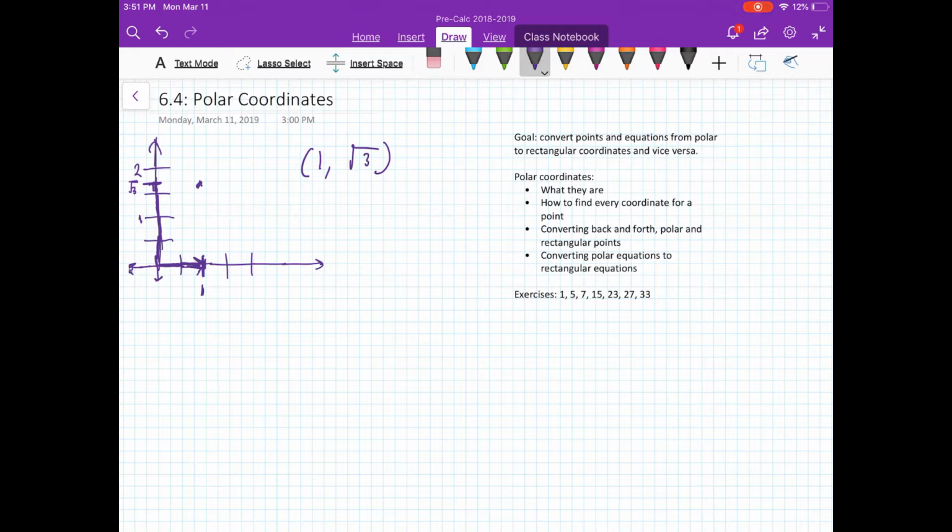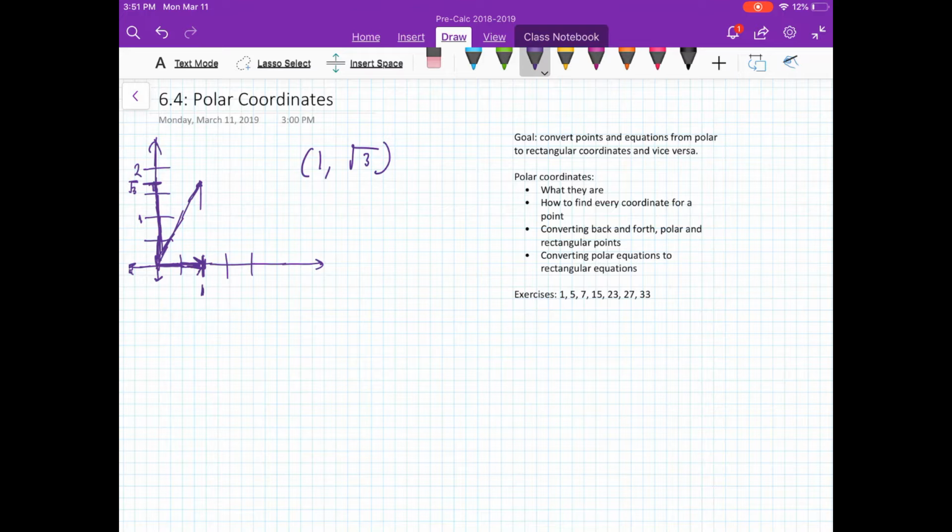This is all well and good, but if you're a mathematician, you want something better. You want something that's more reliable and easier to work with, especially when you're dealing with something like a square root of 3. What you're really trying to do is graph something that's 2 away.